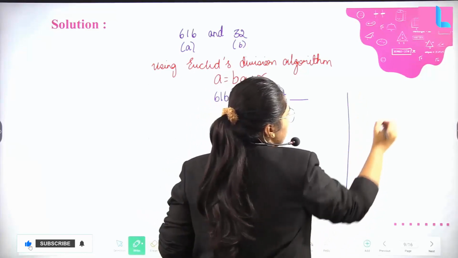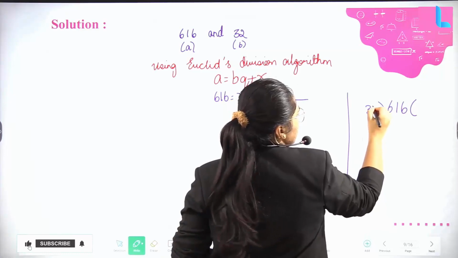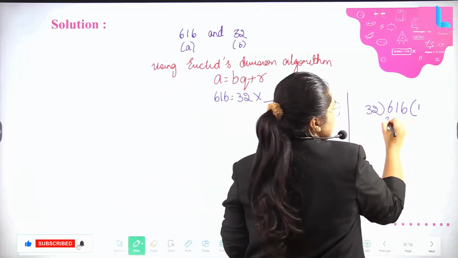Okay, so here 616 divided by 32. 32 twice exceeds, so we'll take one time only.